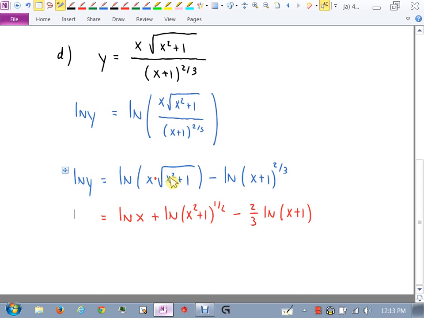So I broke this up into 2 logs. I also rewrote the square root over this as all of that to the 1/2. Why did I rewrite the square root as all this? Because I'm going to bring that power 1/2 down. I still have natural log y on the left.